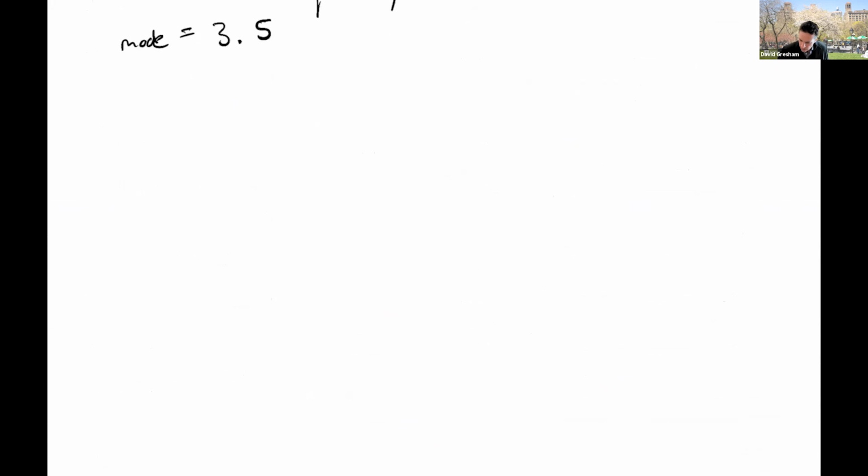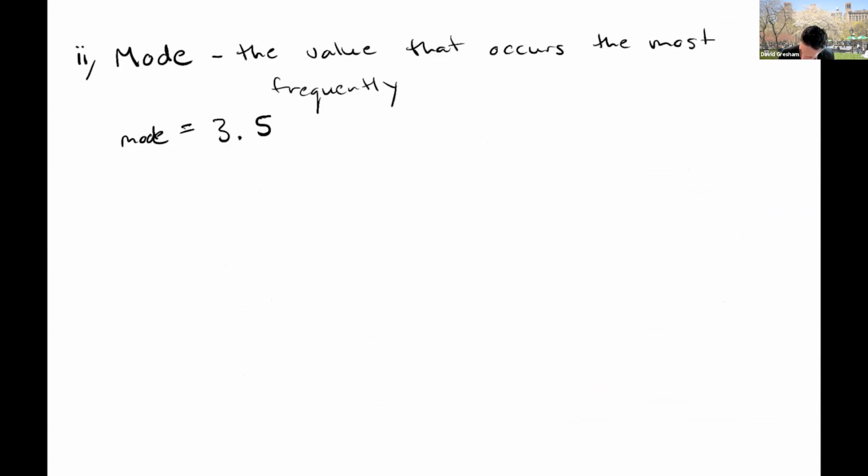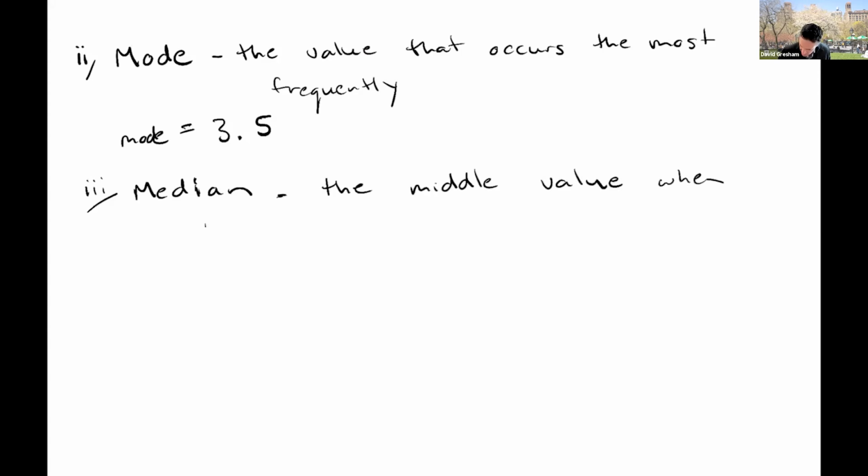All right, and finally, the median is our third measure. And who remembers what the median is? It's the number that appears in the middle of the data set when we do what to the data set? When you order it from least to greatest. Right. So the median is the middle value when the data are arranged in increasing order.